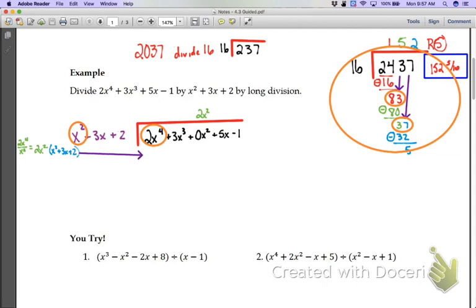So 2x squared times x squared is 2x to the fourth. 2x squared times 3x is a positive 6x to the third. 2 times 2x squared gives me 4x squared.